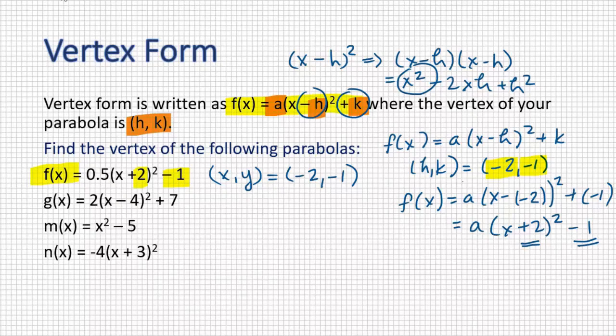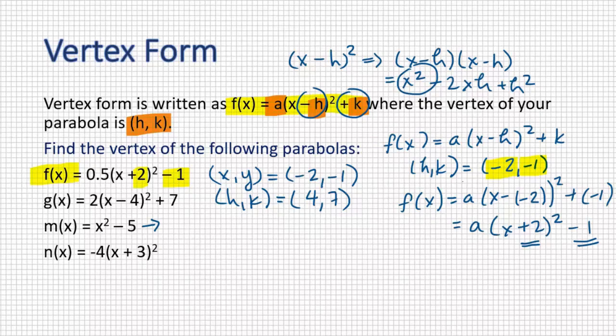So try writing the vertex for the remaining 3 functions. For g of x, the value for (h, k) is (+4, +7). For m of x, it almost looks as though we're not really writing this in vertex form. It looks like m of x is written in standard form.